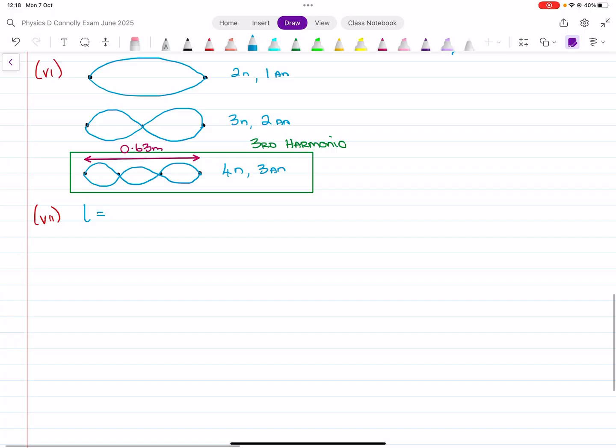Now, we can also write the length in terms of lambda.